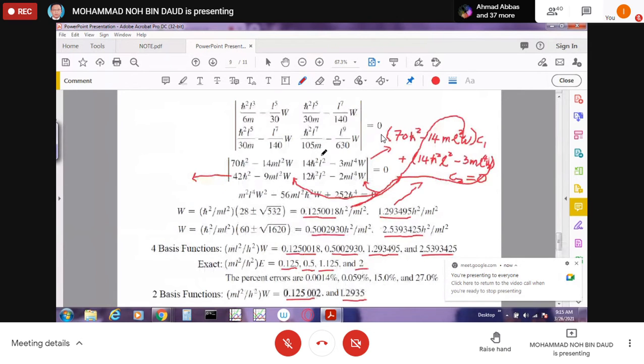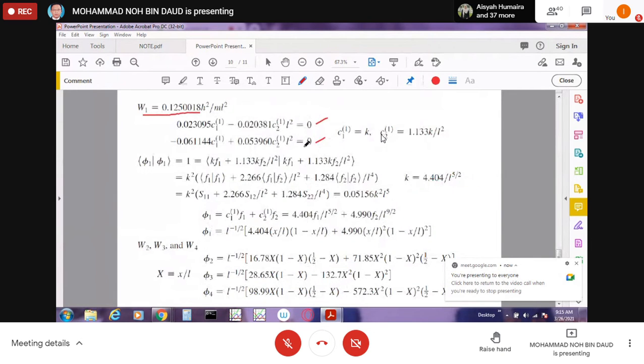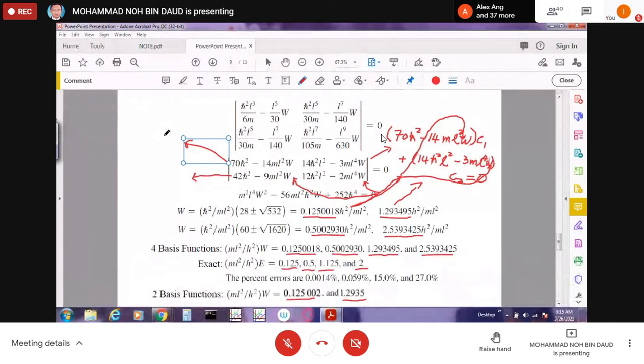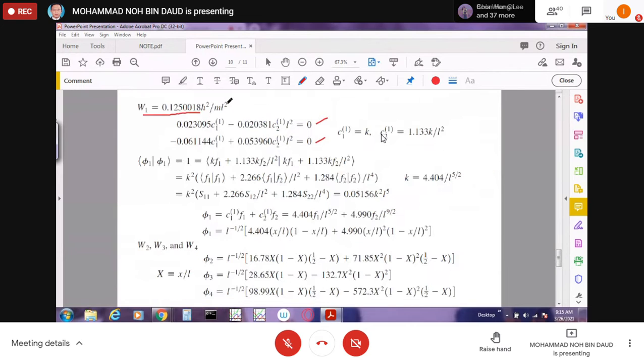We know these two simultaneous equations have a non-trivial solution.